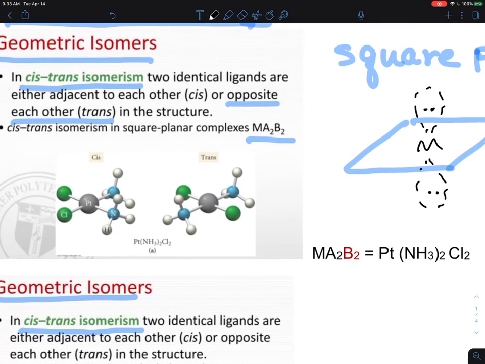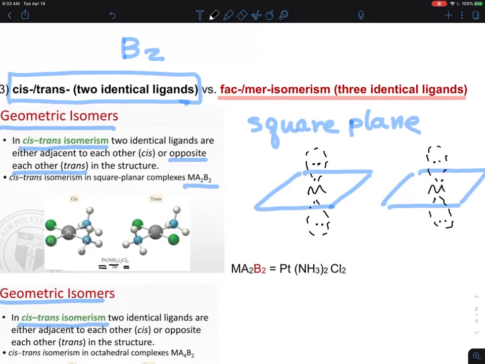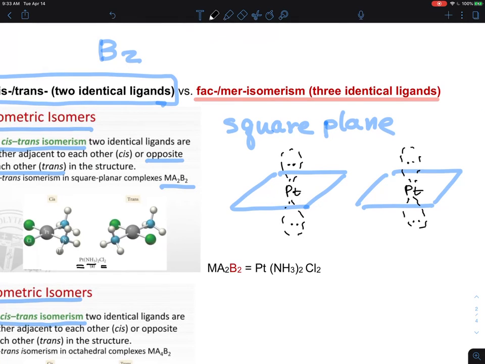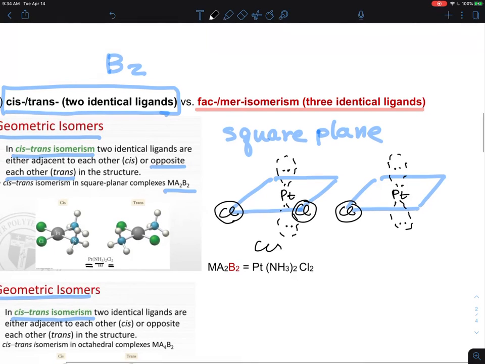Okay. And then this square planar, for example here, you guys can see this. This is a platinum, diammine, and chloro. So I will just change this one into platinum. Having done that, you can put chlorine here. You can choose any corner, but let's just choose this corner. If I choose the neighbor next to it, this is a cis.